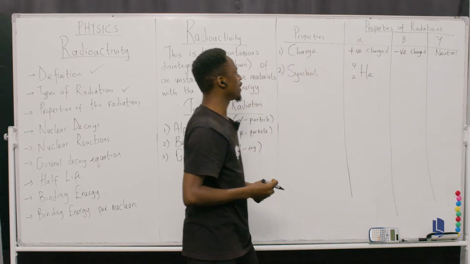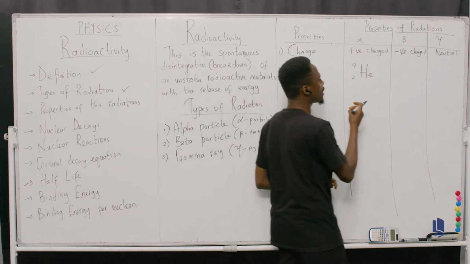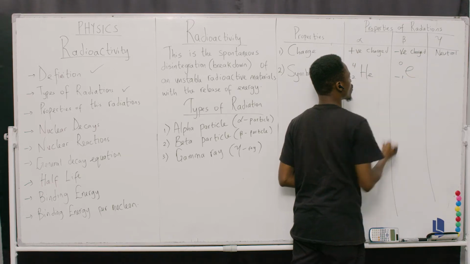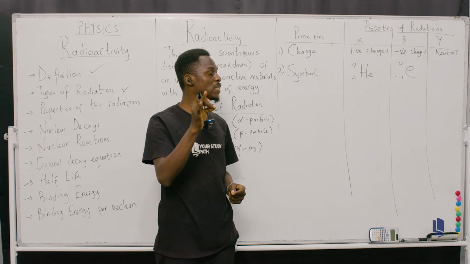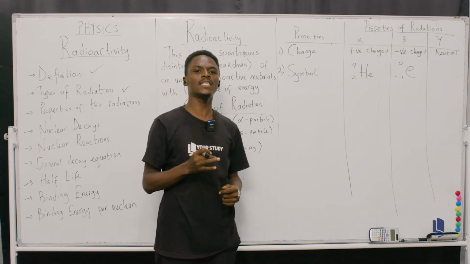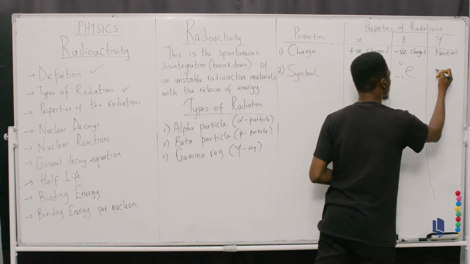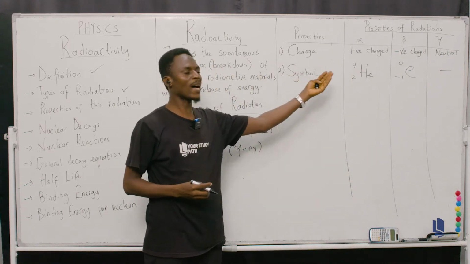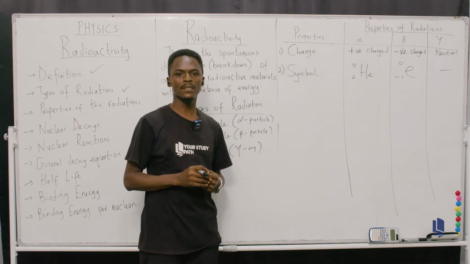This is the representation for our alpha particle. What about beta particle? Our electron, 0,-1, serves as the way we will represent beta particle in any given decay equation. What about gamma? No symbol. Why? It does not have any element representation or particle representation.